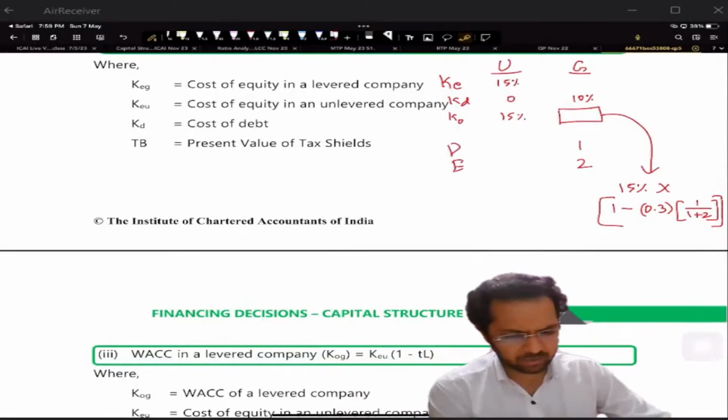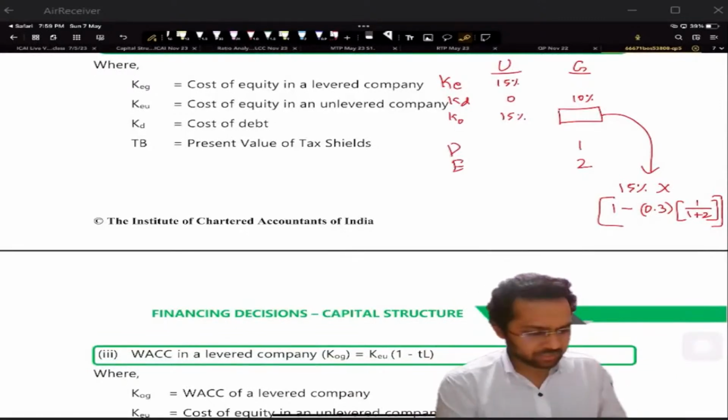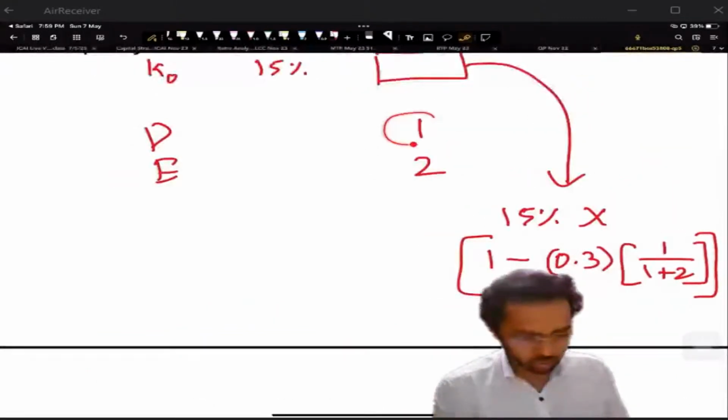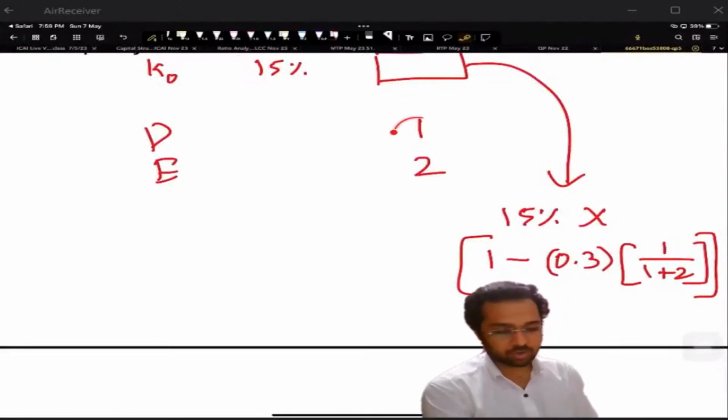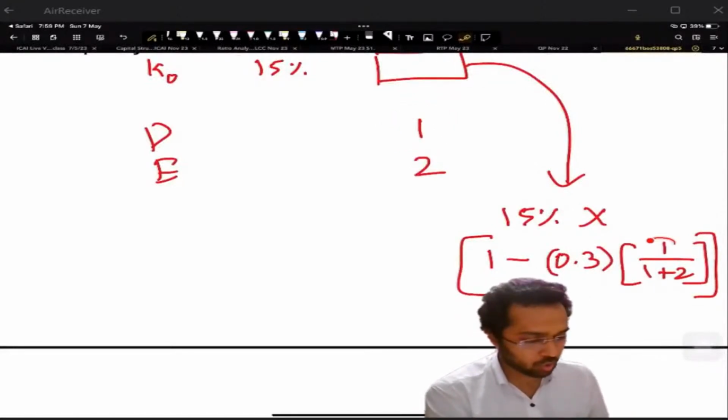It is due to debt, right? So let's say this company has got a 1 rupee debt. On this 1 rupee, the company is going to get a 30% tax benefit.